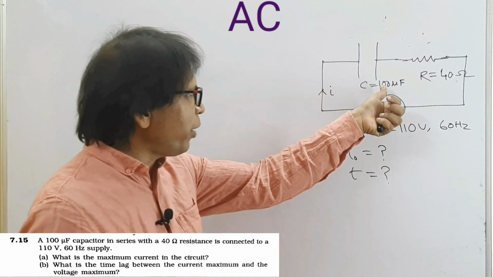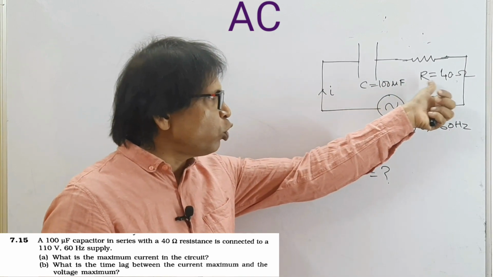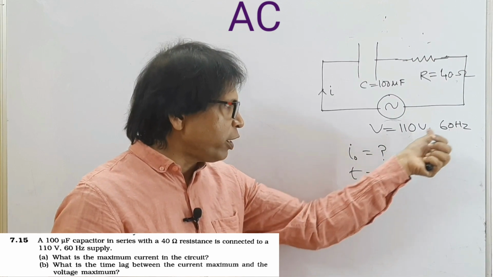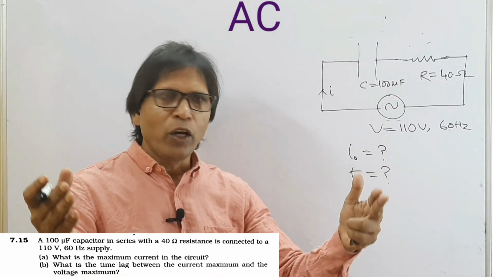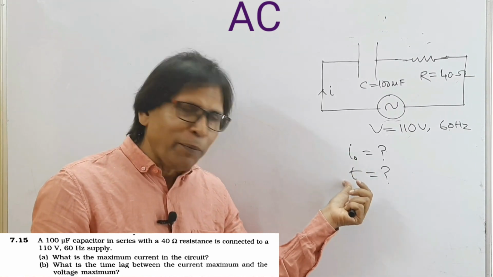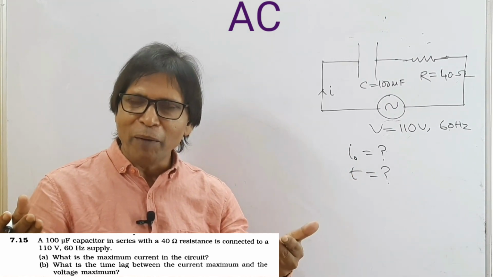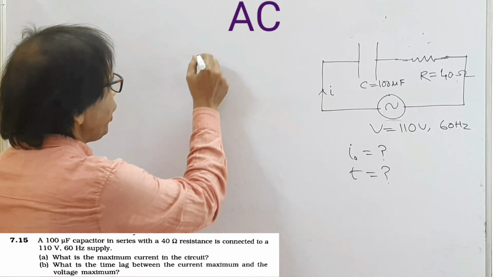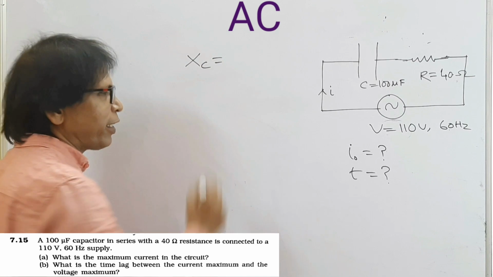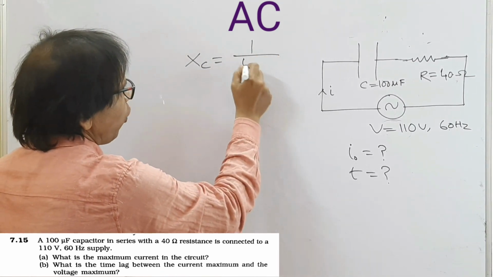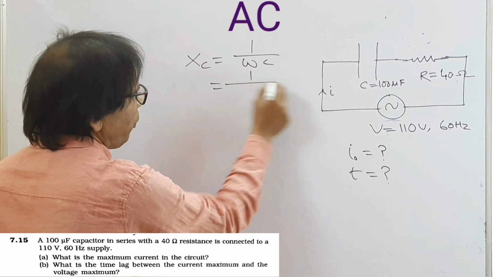C equal to 100 microfarad, R equals 40 ohm and AC voltage 110 volts 60 hertz is applied. We have to calculate the peak value of current and time lag between the current maximum and voltage maximum. So look at this. First of all, we have to calculate the capacitive reactance XC. This equal to 1 by omega C. Now what is omega?